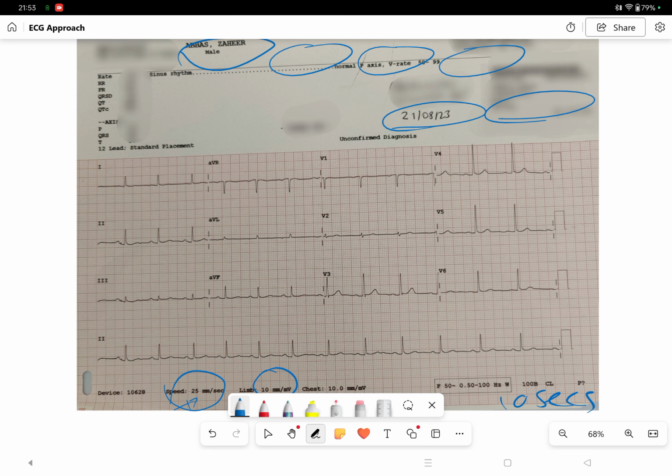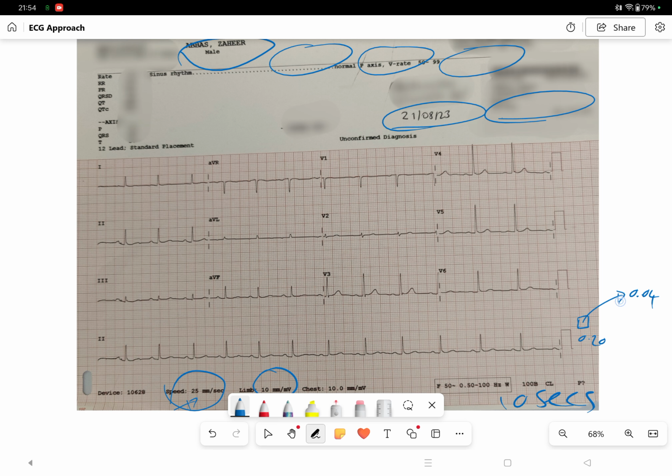And that becomes really important when we are calculating the rate of the rhythm, of the strip rather, so the heart rate. The next thing we remind ourselves is that each large square is worth or equal to 0.2 seconds, and each large square is made up of 5 smaller squares, and each of those small squares is equal to 0.04 seconds.